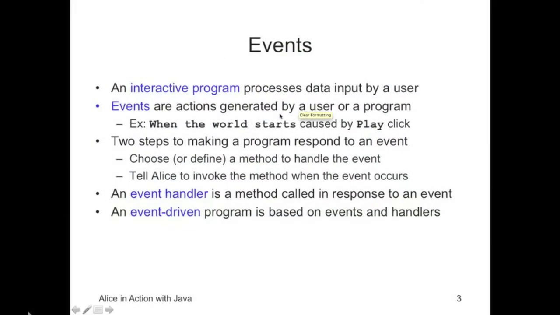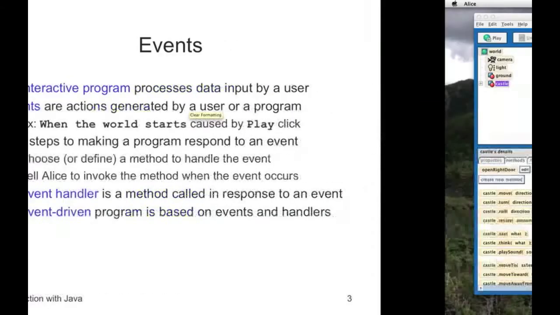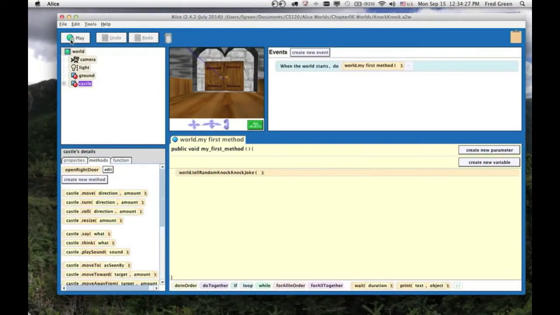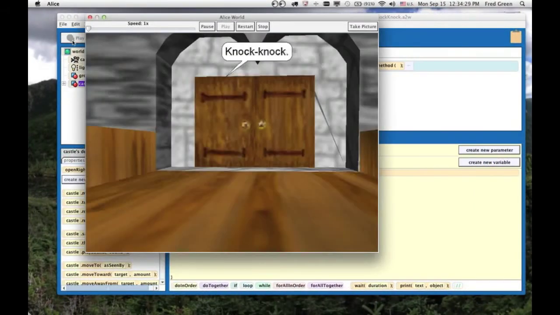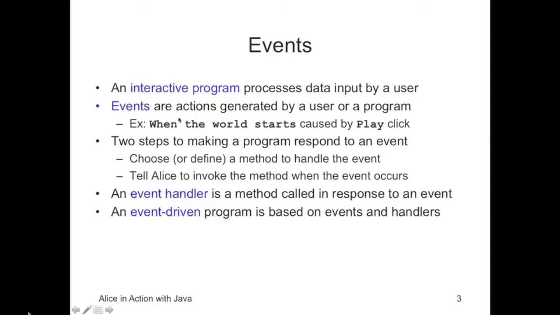Now, you've already used events, whether you have known it or not, in Alice. When the world starts, that is an event, and it is triggered by hitting the play button. So that's one event that you've been using. In order to make a program be interactive, you have to do a couple of things, at least. The first thing you need to do is create a method to handle the event.